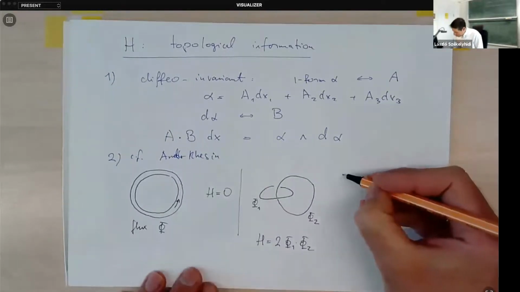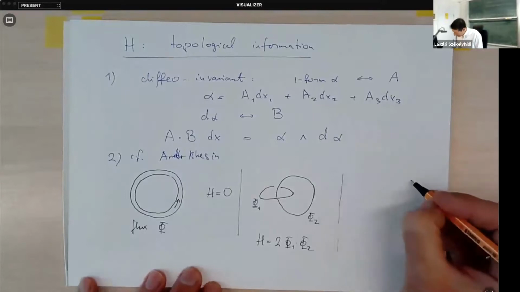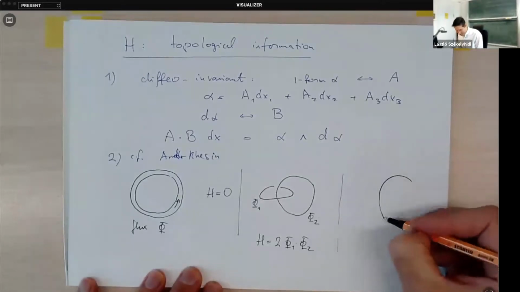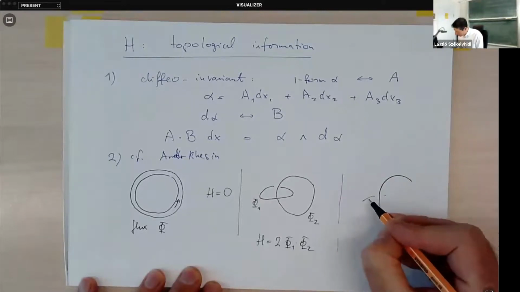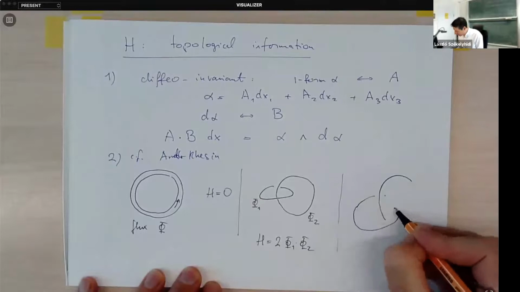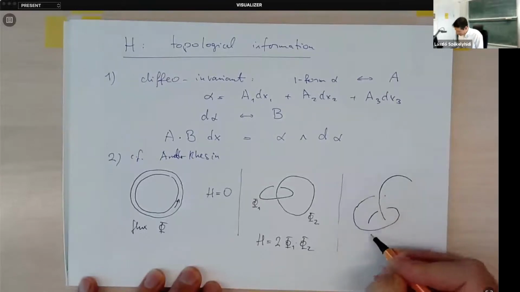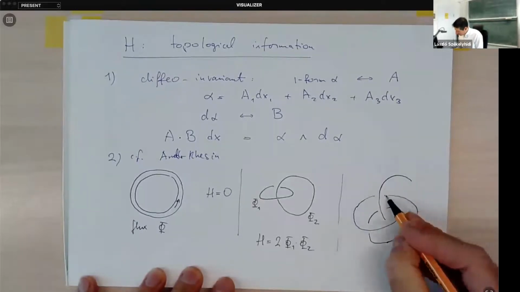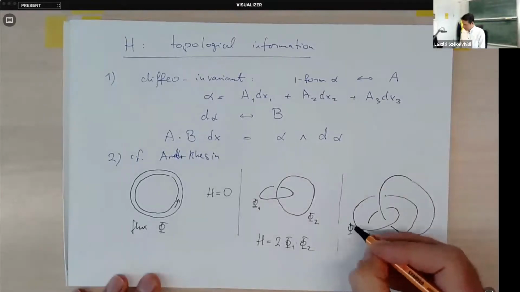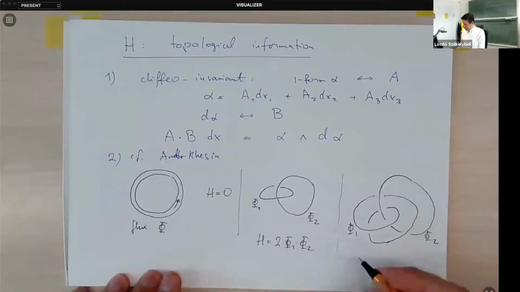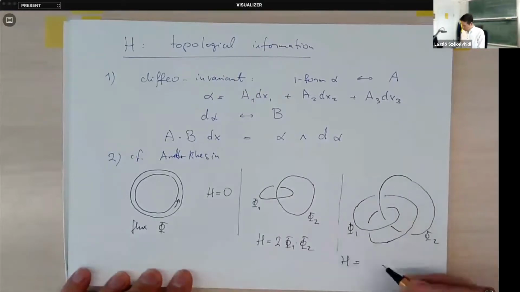And moreover, more generally, let's see if I can draw this. So if you have more links between two tubes, something like this. Okay, so this is flux 1 and flux 2, then H is equal to 2 times the linking number of the two curves times phi1 times phi2.